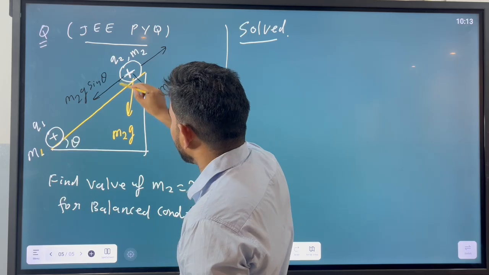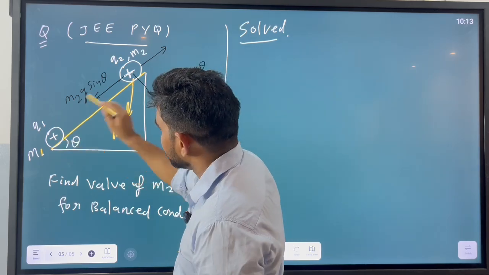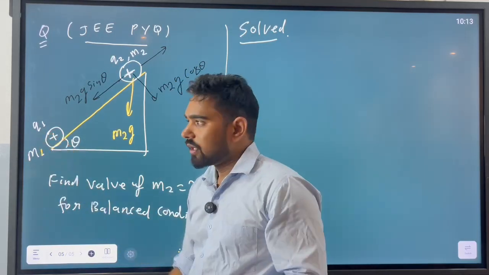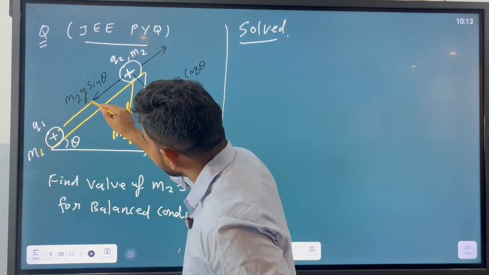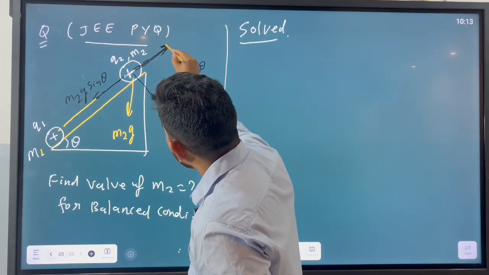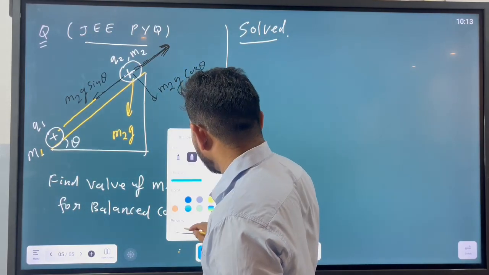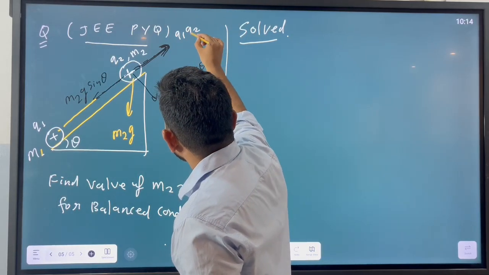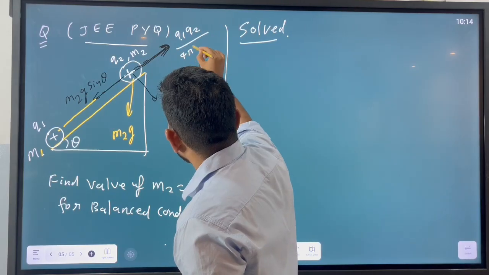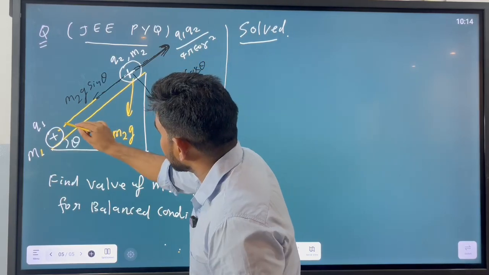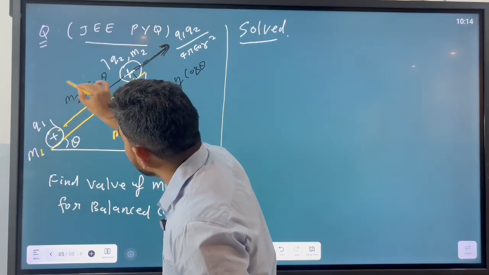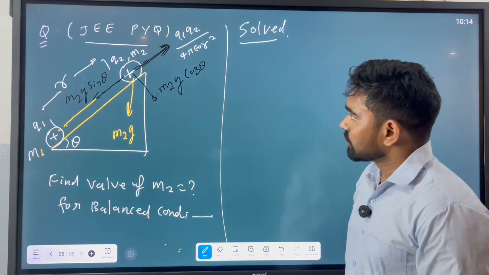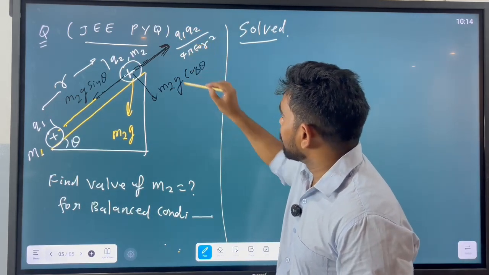Because both charges are positive and repel each other, the repulsion force acts along this direction, equal to q1 times q2 divided by 4 pi epsilon naught r squared, where r is the separation distance between both charges.